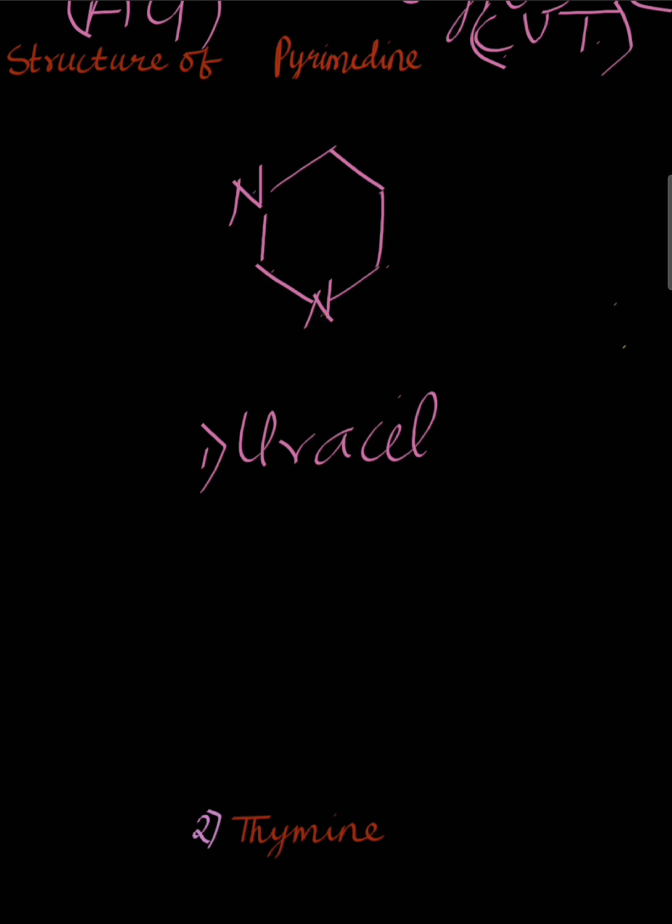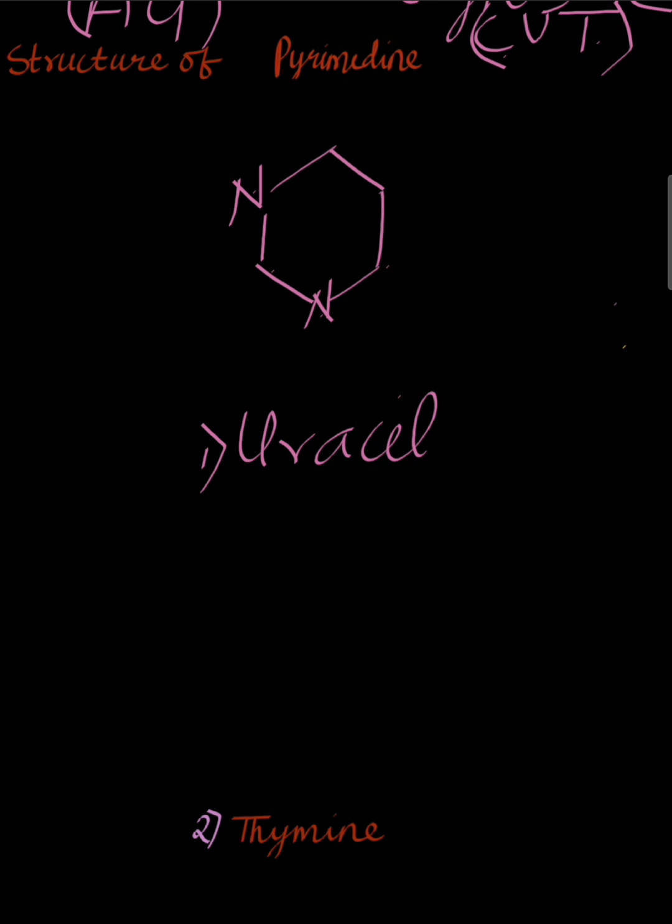So how are we going to number it? We are going to take a simple clue from this D. Pyrimidine has a D, so we'll start numbering the atoms from downwards.